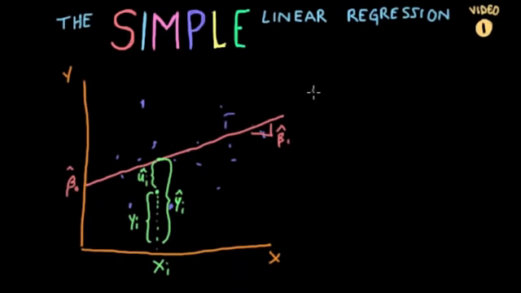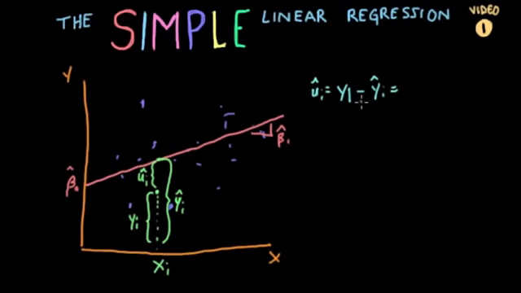So we know that ui hat is this, which is the difference between these two things. And so we have this is equal to yi minus yi hat.